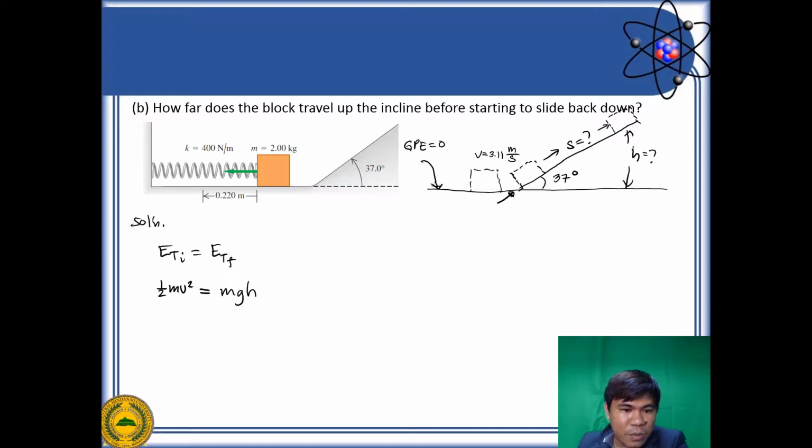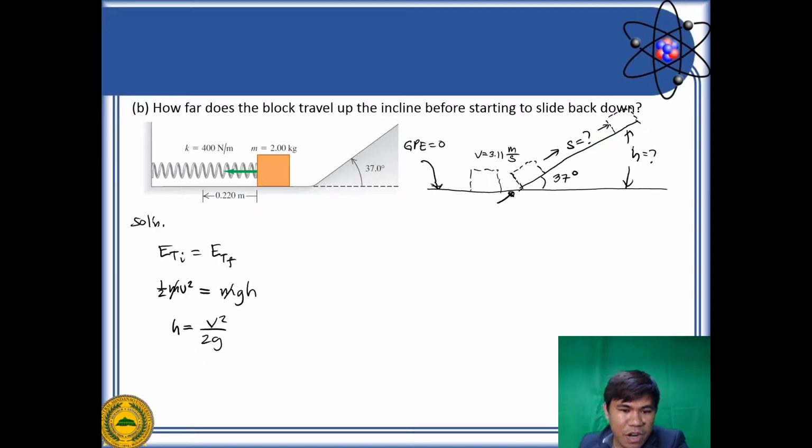We try to work out this equation here. In this case, we can cancel out the mass and solve for h. So h is just equal to v squared over 2g.